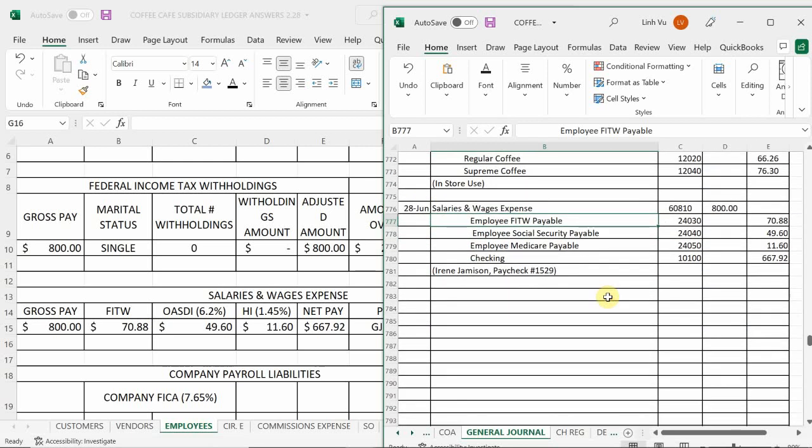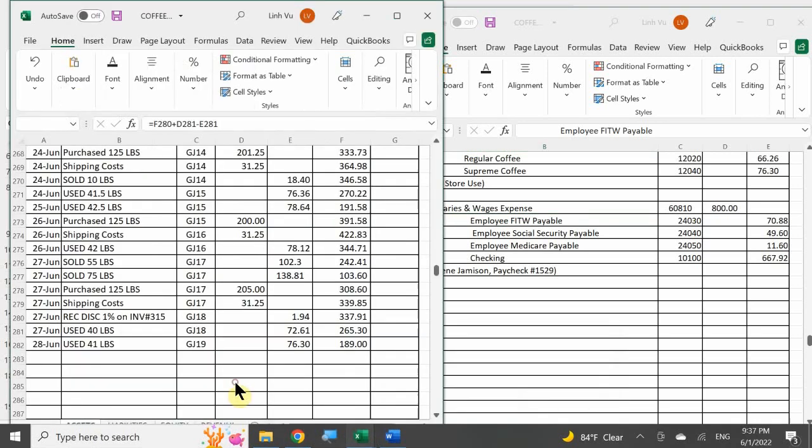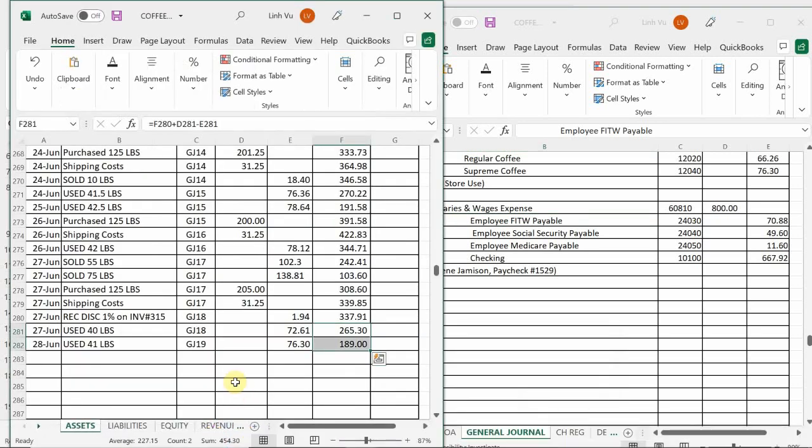But before that, I think we should go ahead and put our numbers into our ledgers because we're just going to deal with one transaction at a time. So this is just the employee standpoint in regards to the payroll process, right? So let's go ahead and update our ledgers because we end up cutting a check and spending money.